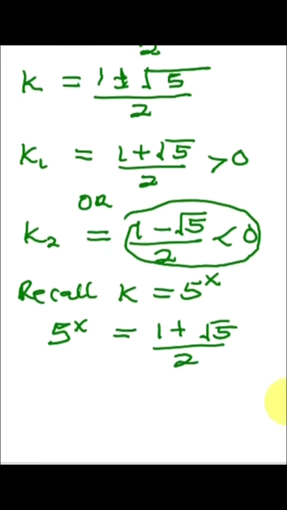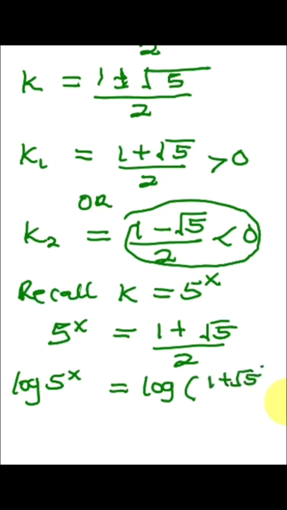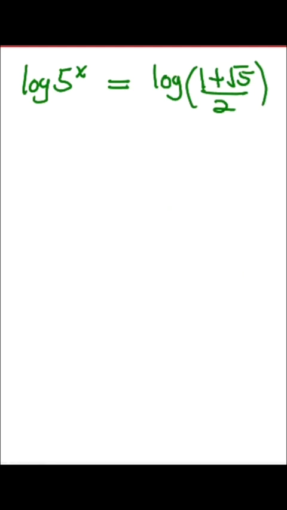We cannot solve this unless we apply log. So we say log 5 to the power x equals log of 1 plus root 5 divided by 2. We apply this logarithm rule: log a to the power b is equal to b log a.